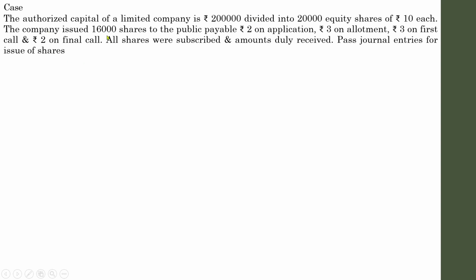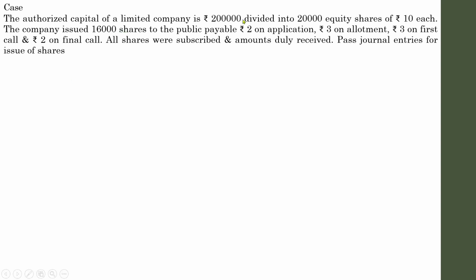The company issued 16,000 shares to the public, payable 2 on application, 3 on allotment, 3 on first call, and 2 on final call. So in the question, authorized capital is given, and we have learned that authorized capital is the maximum limit the company intended to raise, but it doesn't mean that the same has to be issued to the public.